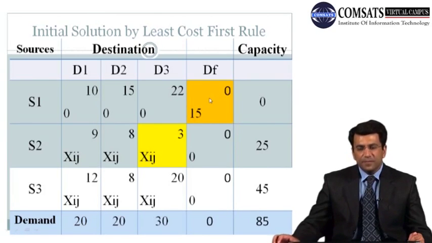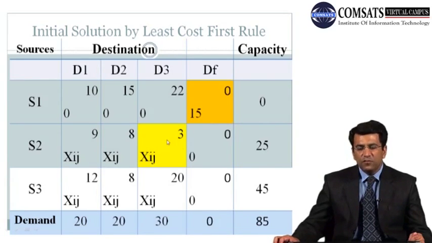Now as a next step, students, we will see the next least cost, which is 3 in this particular case. Again for this cell we'll have to compare the row total and the column total. The row total is 25 and the column total is 30. The minimum value is 25.